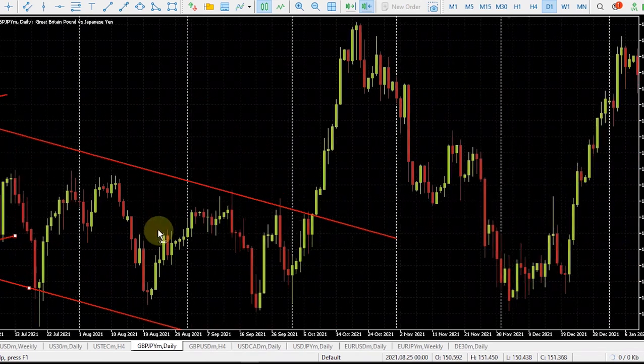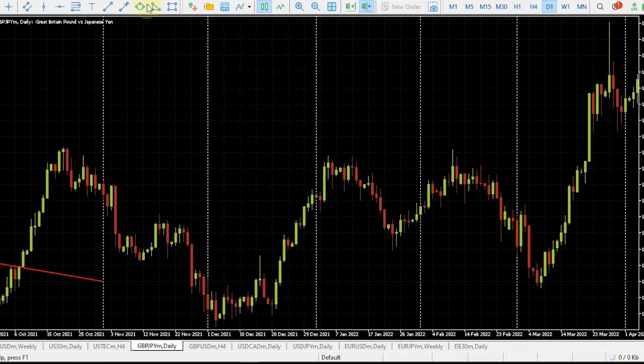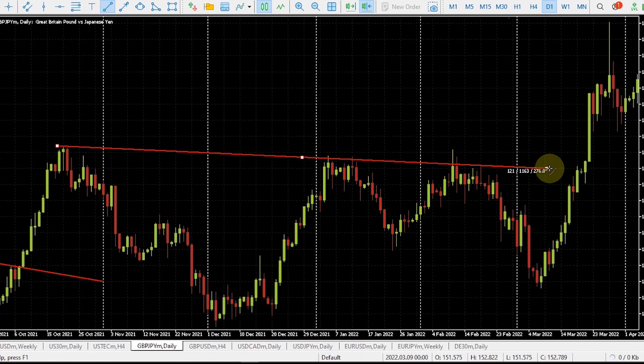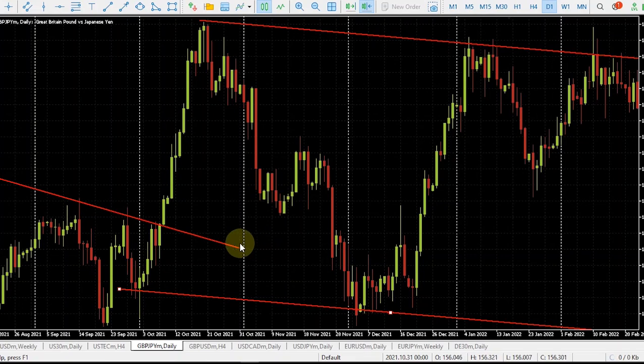I'm coming back to the explanation. Let me first map out what I'm seeing based on the trend, before I show you how it goes with the higher highs and the higher lows. This is what I personally am seeing right now, so I have to maintain them the way I'm seeing them.